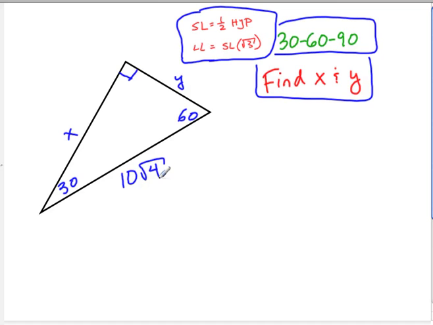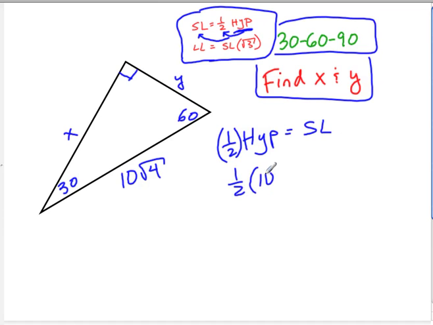Well, given the hypotenuse, I know that half of the hypotenuse equals the short leg. So if half of the hypotenuse equals the short leg, then half of 10 times the square root of 4 equals the short leg.